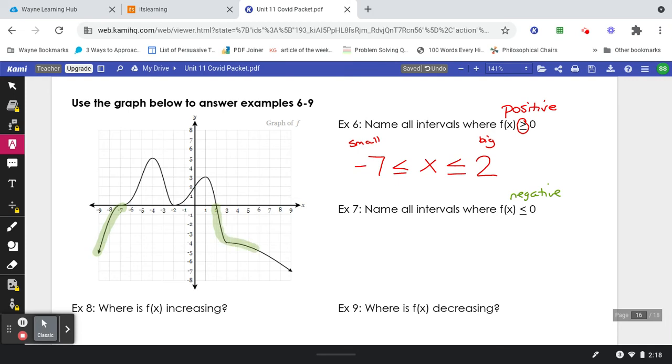And then all the way over here. So because we've got that arrow, we're going to say negative infinity, less than or equal to x, less than or equal to, and we'll cut that off at negative 7. And then we pick back up again at the 2. Bring down all your symbols and all the way till infinity because the arrow keeps going.